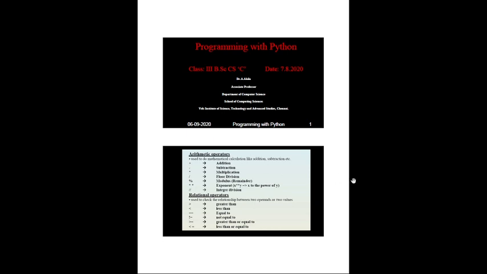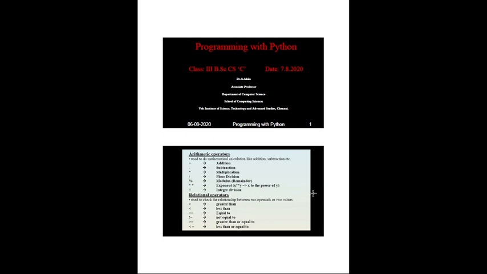And when you want to subtract one value from another, you can use this operator minus. And then multiplication, division. In Python we have two division operators: one is called float division and the other is called integer division.